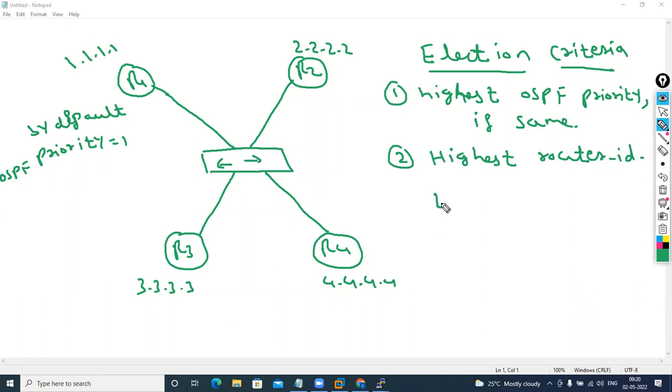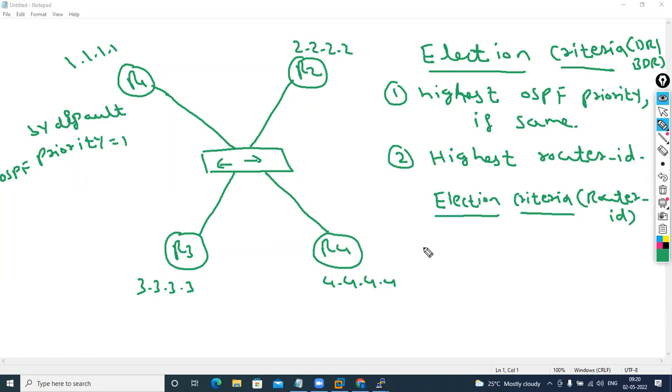Now, what are the election criteria for router ID? This is for DR and BDR. For router ID, first, manually configured. Second, highest loopback interface.